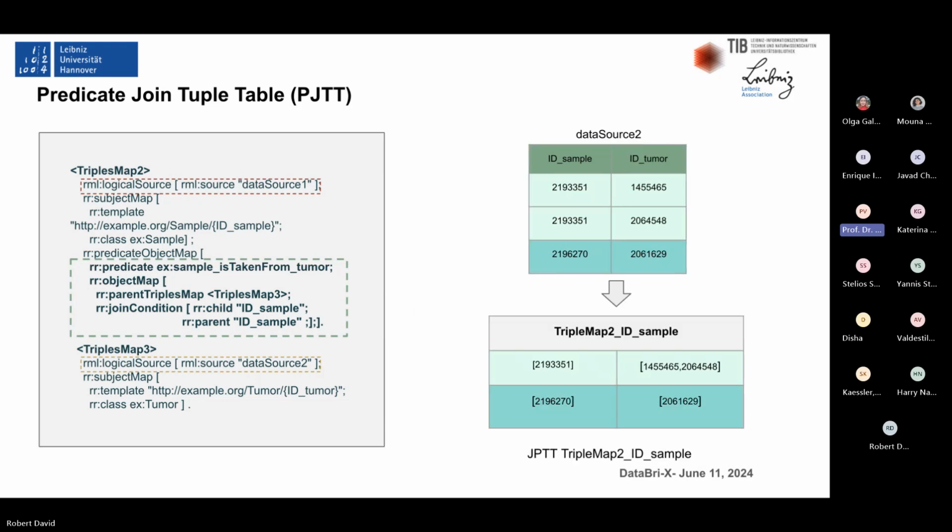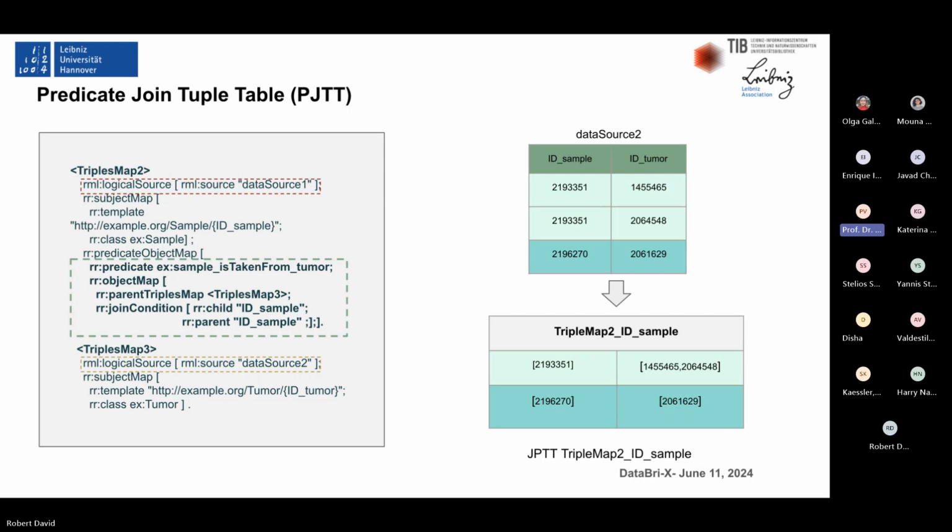What we do is create an index based on what we have in source two, which is linked or joined, matching it with what we have in source one, but the value of that index corresponds to each of the values in S2 that correspond to that join. For example, in this case, you can see that for the ID sample 2193,351, we have these two values. And for 2196,270, we have only one.